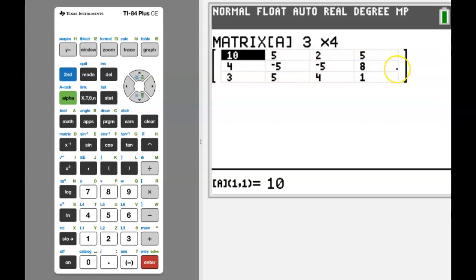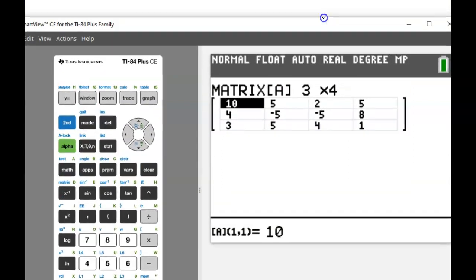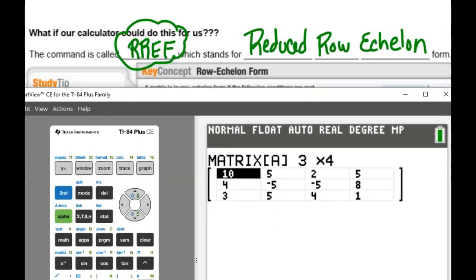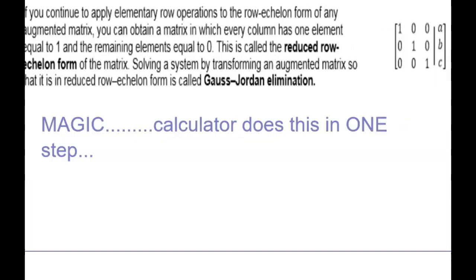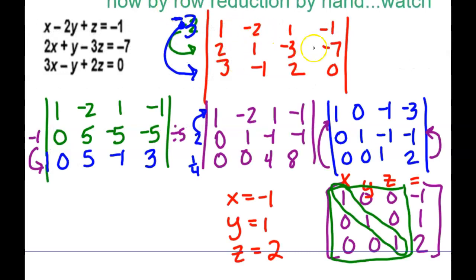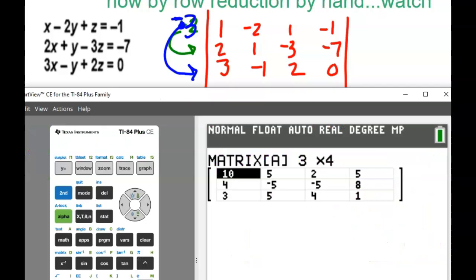Okay, mine has junk in it already, but I need you to read me our original one, or I can go back and look. It was this guy, this red one right here, right? So we're going to enter that in. Every time you put in an entry, you hit enter to go over. So we have 1, enter, okay, 1, enter.